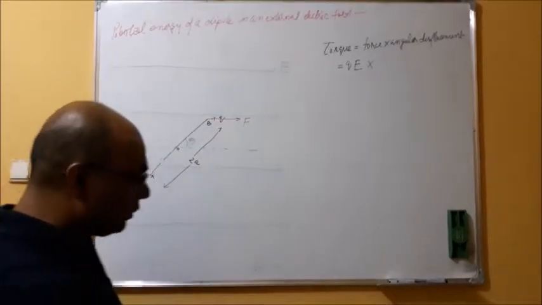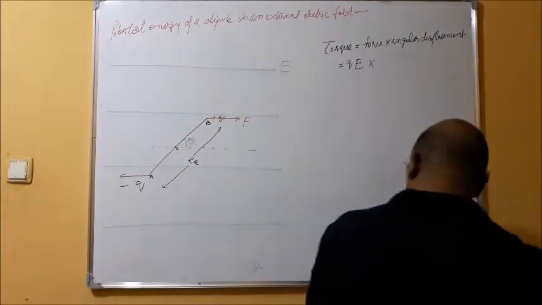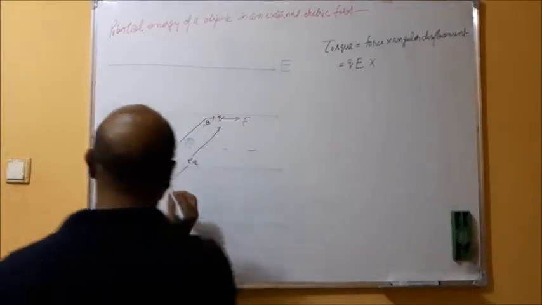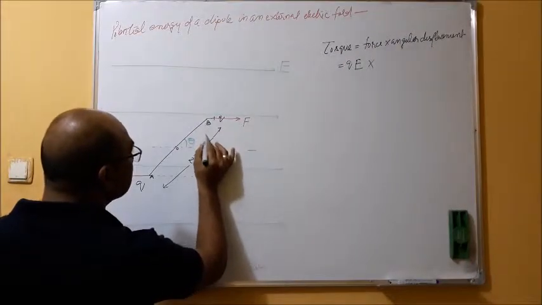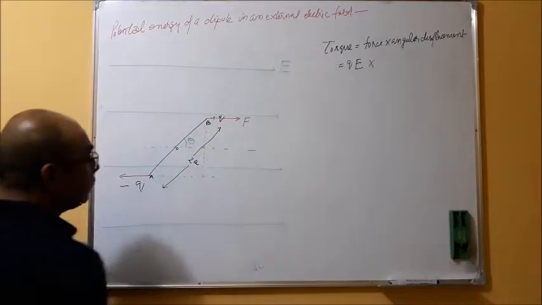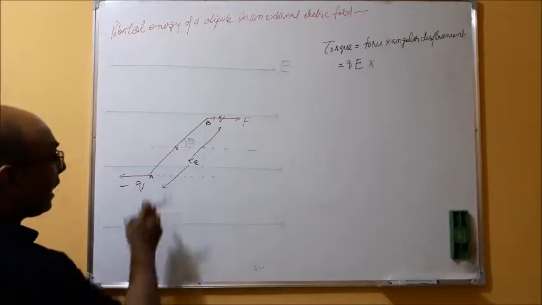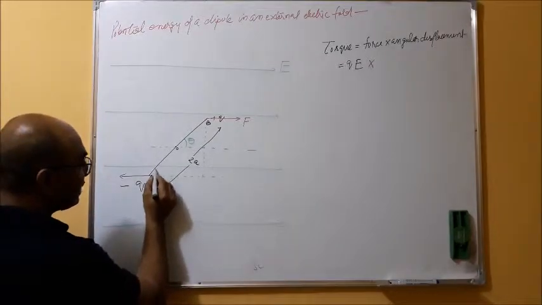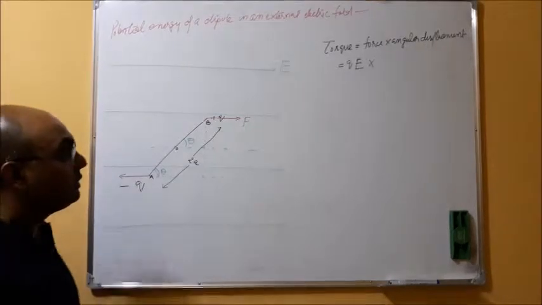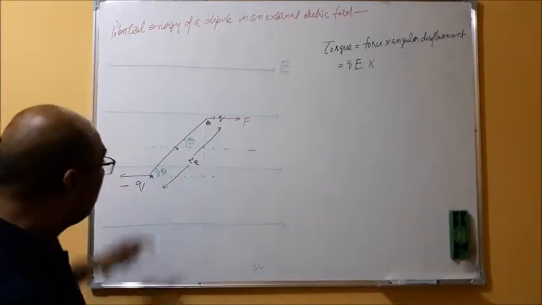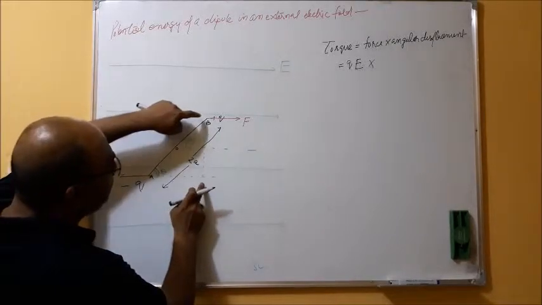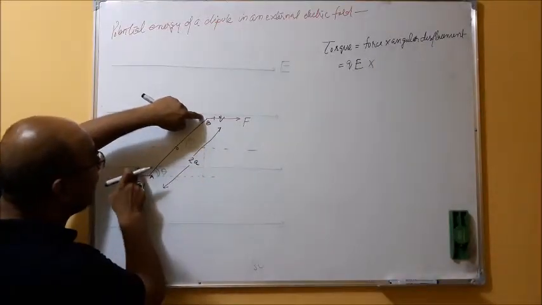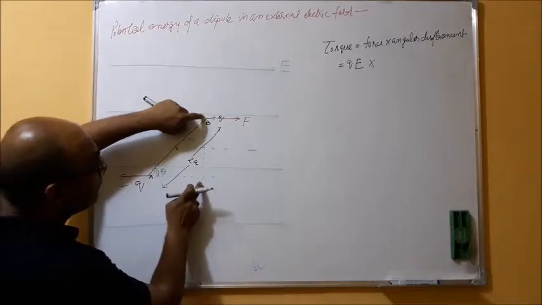For getting the angular displacement, if I draw like this, and this angle is theta, naturally this angle will also be theta. For this theta, this will be the height and this will be the hypotenuse.